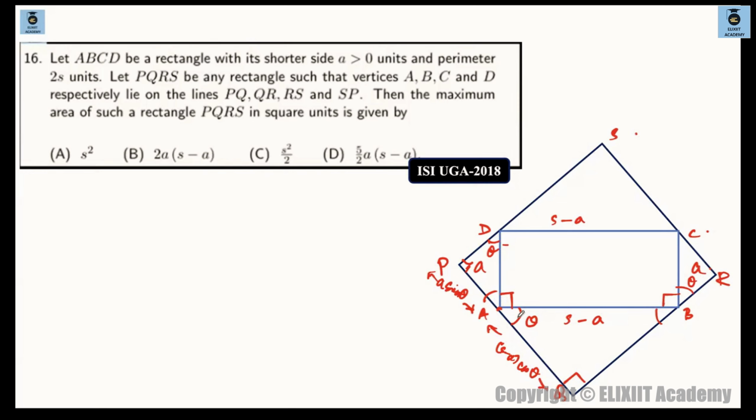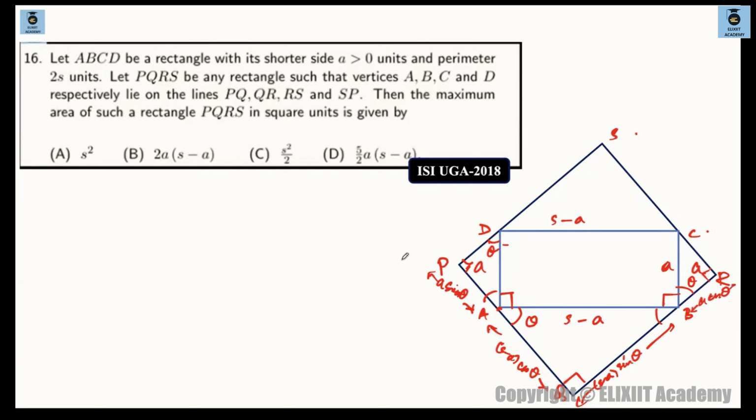And similarly again, if this is s minus a cos theta, how much is this length? s minus a sin theta, मानते हो ना? And similarly ये जो remaining है, BR basically length will be a cos theta, ये लेंथ तो a है ना, तो a cos theta.